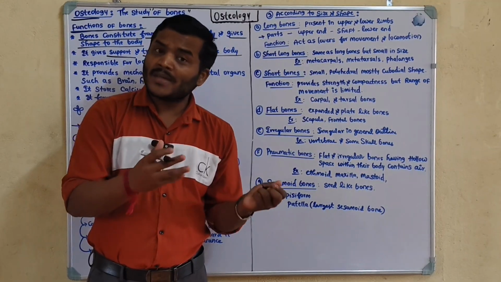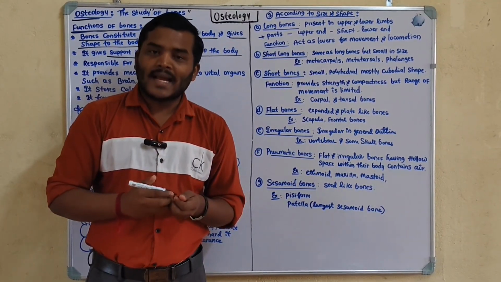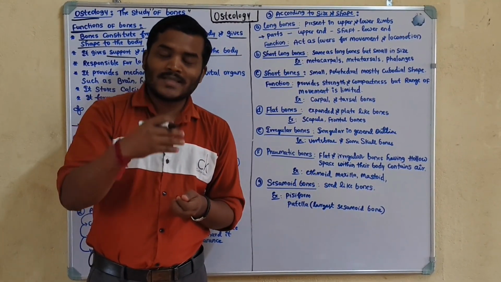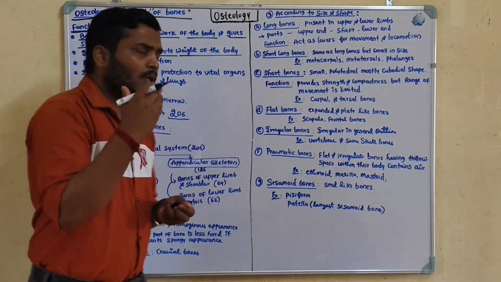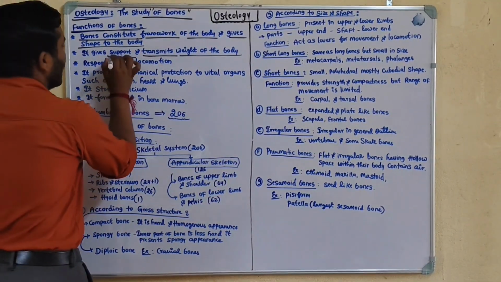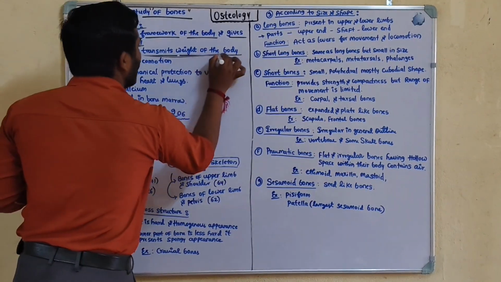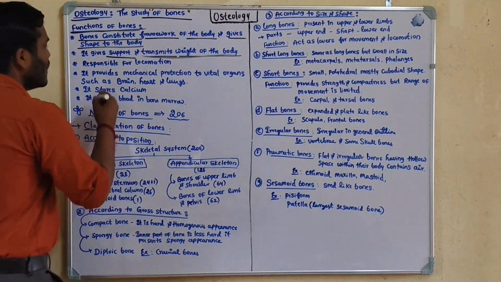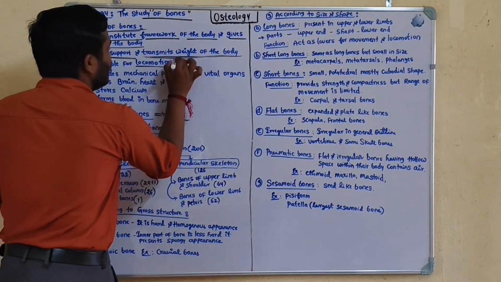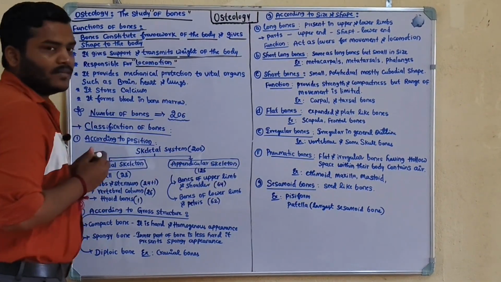There is no proper shape, right? That's why bones give proper support and shape to the body. And also it transmits the weight of the body, and it is responsible for locomotion.